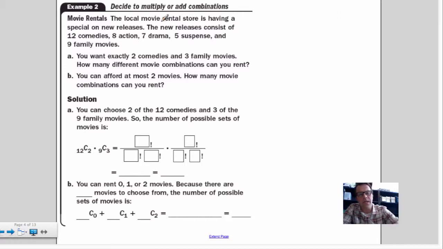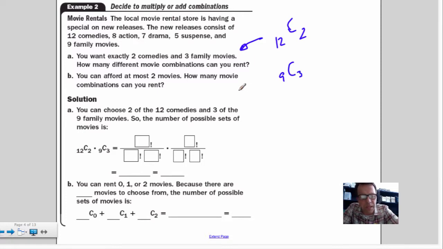So here, realize, and that's going to be a tricky thing for you to realize, hey, they're actually asking me 2 separate problems. Like I could write a word problem that says, hey, you have 12 comedies to pick from, and you pick 2. And you should say, oh, that's 12C2. And then there's that whole other problem going on, which is, hey, you've got 9 family movies, and you're going to pick 3.